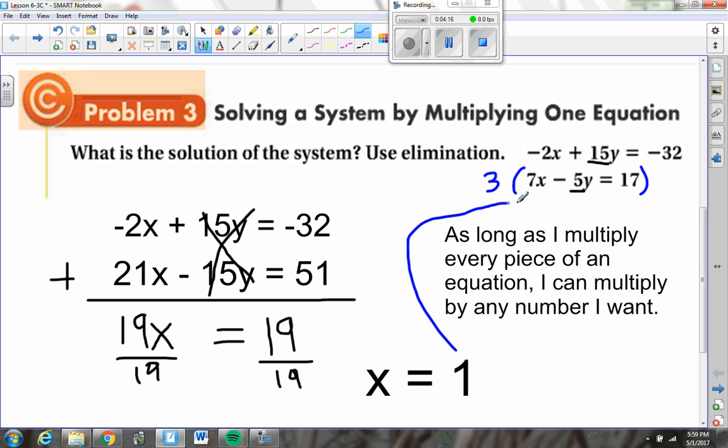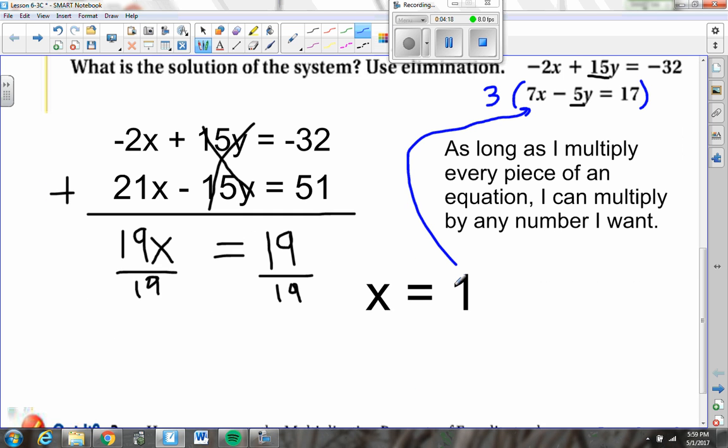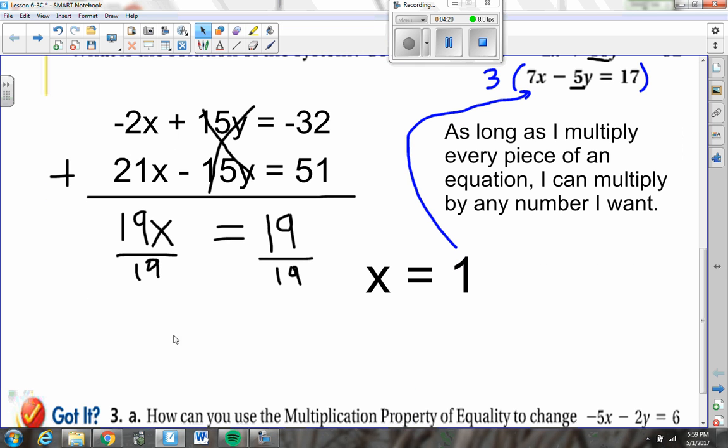So if I take the 1 and I put it back into that original equation, it ends up saying 7 times 1 minus 5y equals 17.